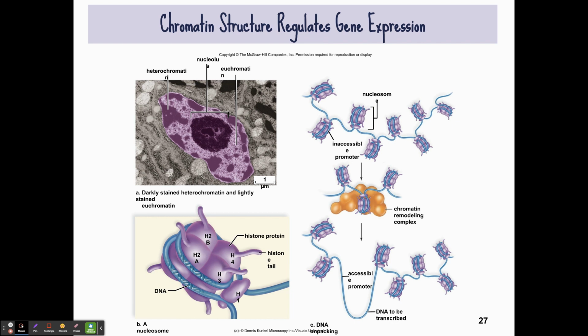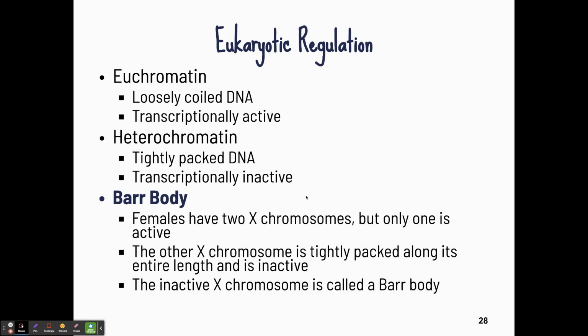Euchromatin is the loosely packed DNA. Heterochromatin is the tightly packed. Euchromatin is loosely coiled DNA, and it's transcriptionally active, meaning that since it's loose, the gene is being read. If it's tight, transcription is inactive and the DNA is not being read, so there is no DNA to RNA.